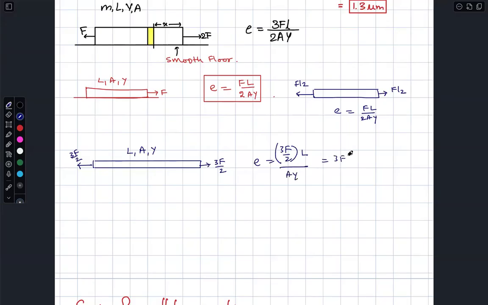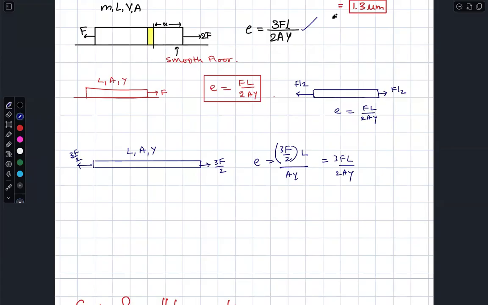This is 3FL by 2AY. Same answer. Short method for doing this. Shortest method to solve this question. One step.